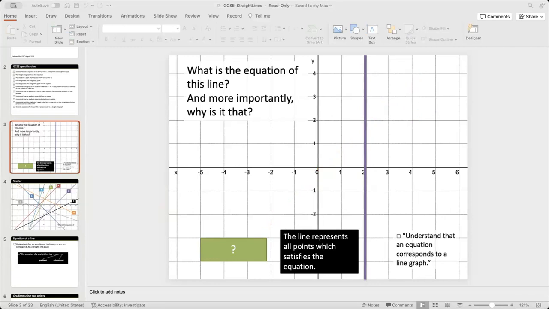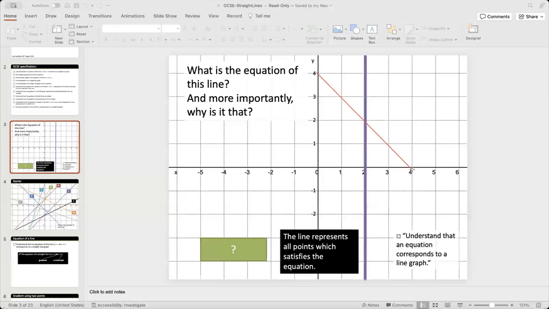And the last one I'm going to show you is this. If you draw a line like this, on this side, let me just clear this so that you can see it clearly.